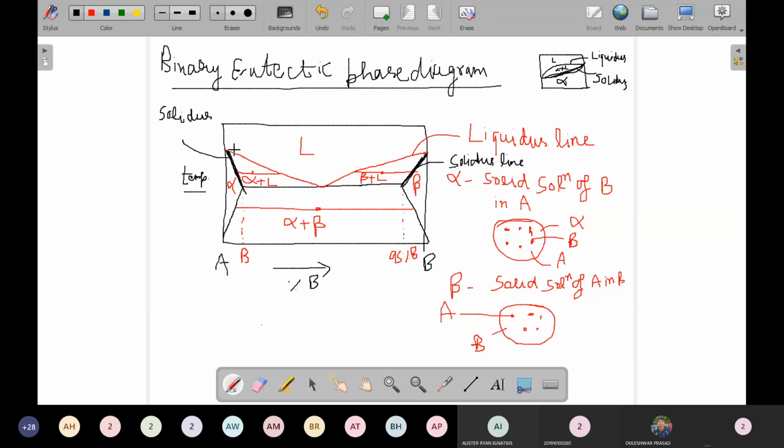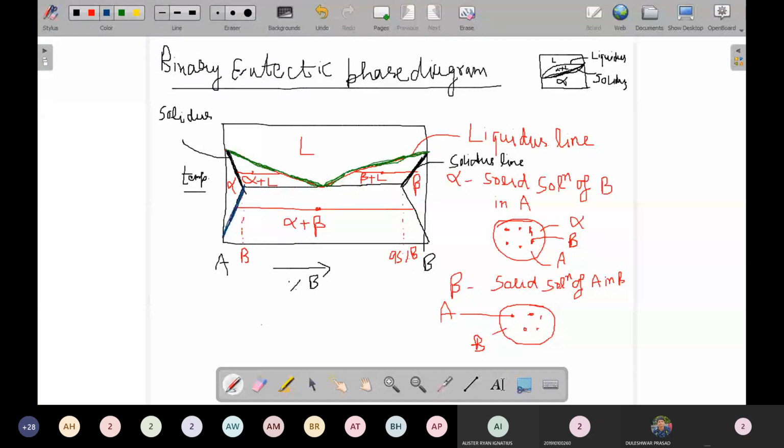Let me mark it with green color. This whole line that is marked with green color is the liquidus line. Now what is this line? Yes, anybody?